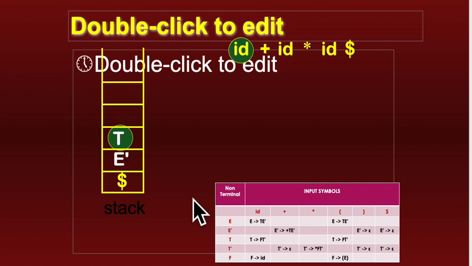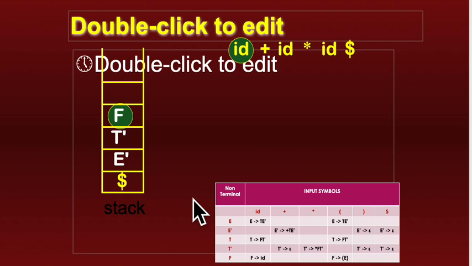Then T' is replaced with what? Look at the table, T' on id. We have the entry T' gives FT'. Now F on id: on top of the stack we have F and the input is id.